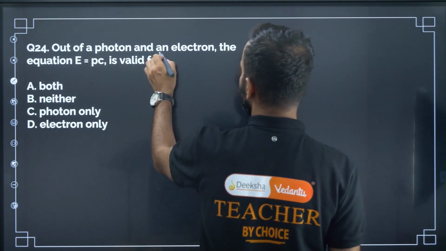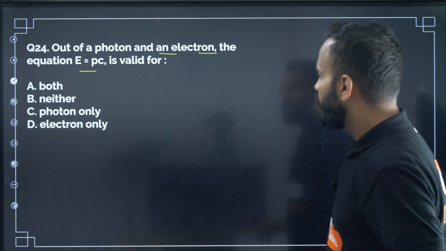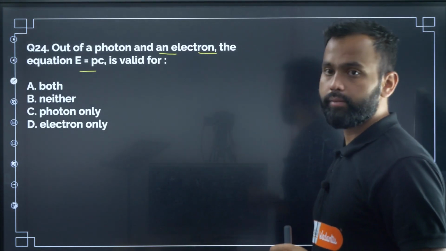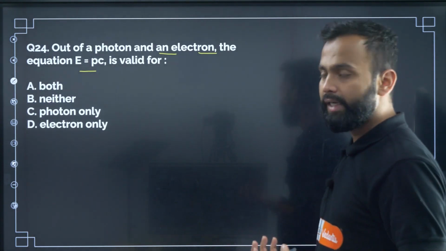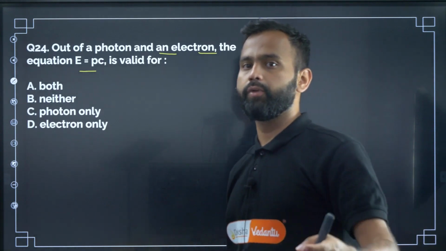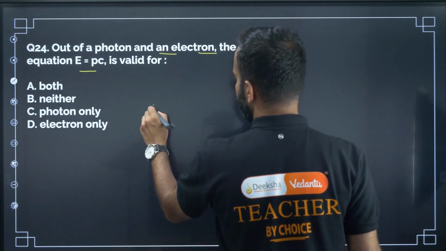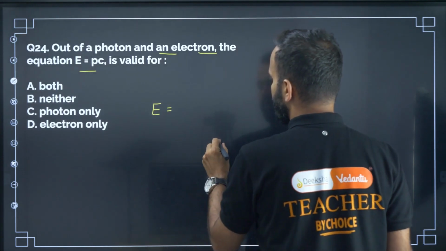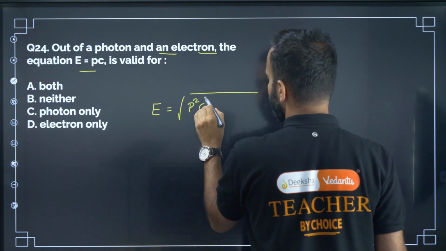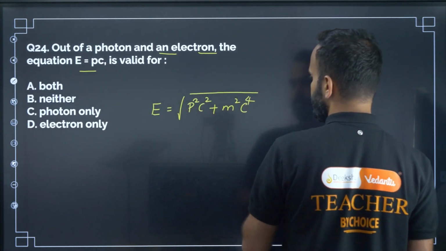Next question. Out of a photon and an electron, the equation E equal to Pc is valid for which? We know that when a particle moves with relativistic speed, meaning the speed of the particle is almost equal to the speed of light, not exactly equal, then the energy of that particle E equals root of P square C square plus M square C to the power 4.